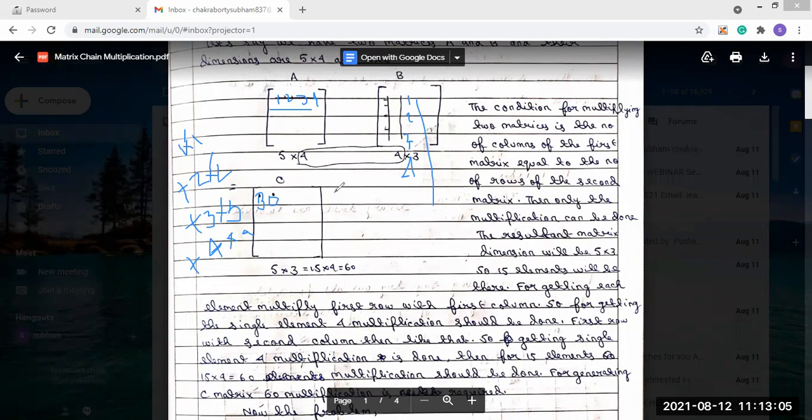So for 15 elements, 60 multiplications are needed to generate this resultant matrix. Clear? Is it clear to everyone?